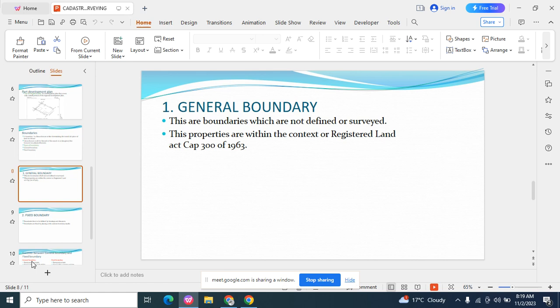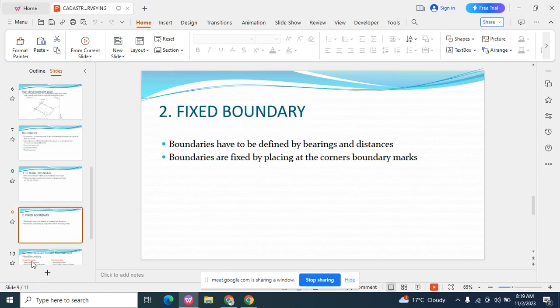This is done under the general boundary where one is given a title deed. Then we have subdivision of large company and cooperative farms. We have the mutation survey, using less elaborate equipment, for example GPS, GIS. And then we have the determination of boundary disputes and maintenance of boundaries of registered parcels.